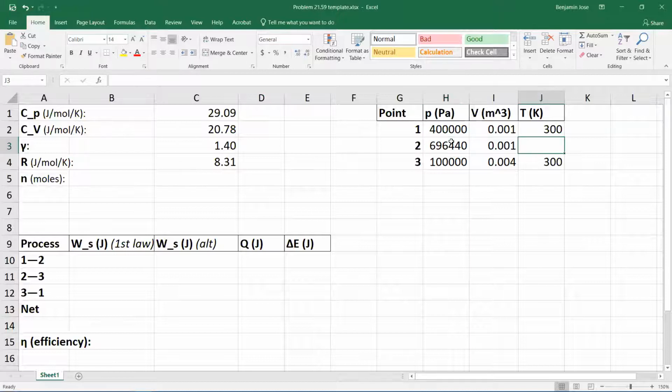Now, as for the temperature at state 2, again, we could use the ideal gas law, but because we now know the pressure, we can use proportional reasoning. If your box is staying the same, going from state 1 to 2, that vertical upwards isochore, since your box is staying the same in volume, those particles bouncing around are going to have to be hotter in order to produce more pressure.